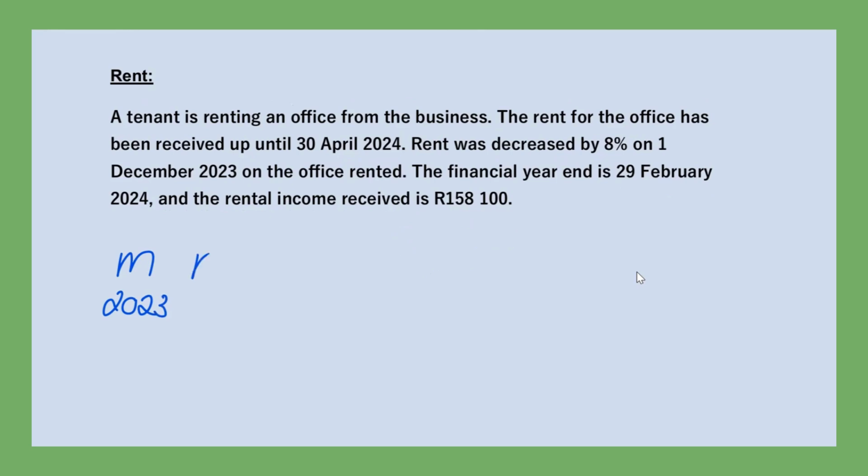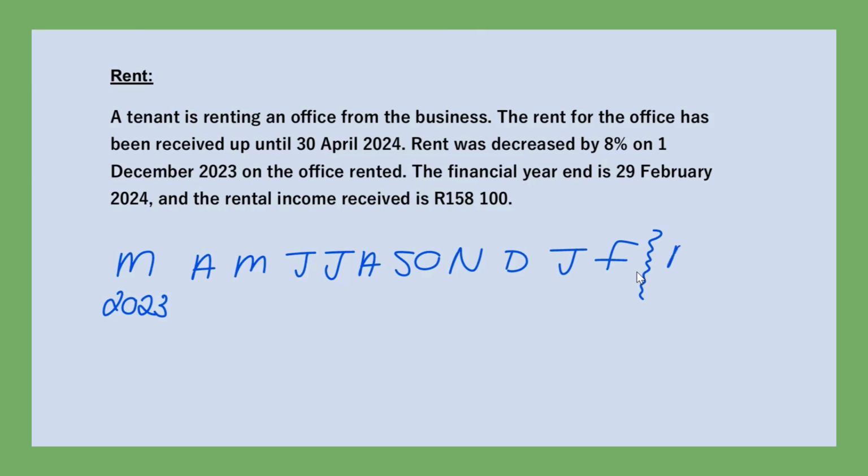So we've got March, April, May, June, July, August, September, October, November, December, January, February. So there's the end of our financial year. They said we've received rent up until the 30th of April, so not only have we got February, we've got March and April. These are our problem children right here.